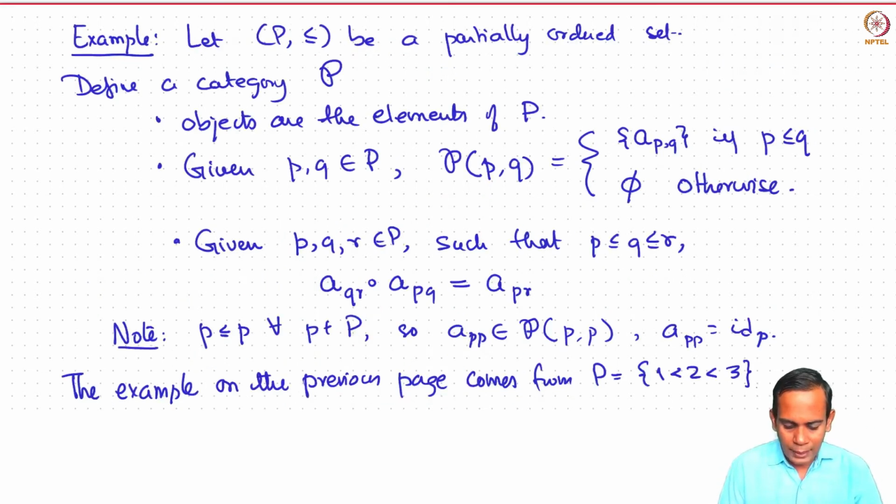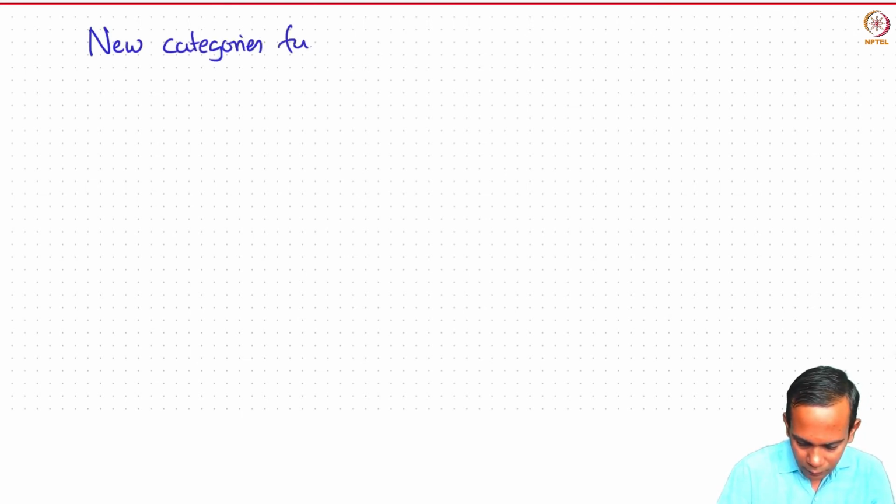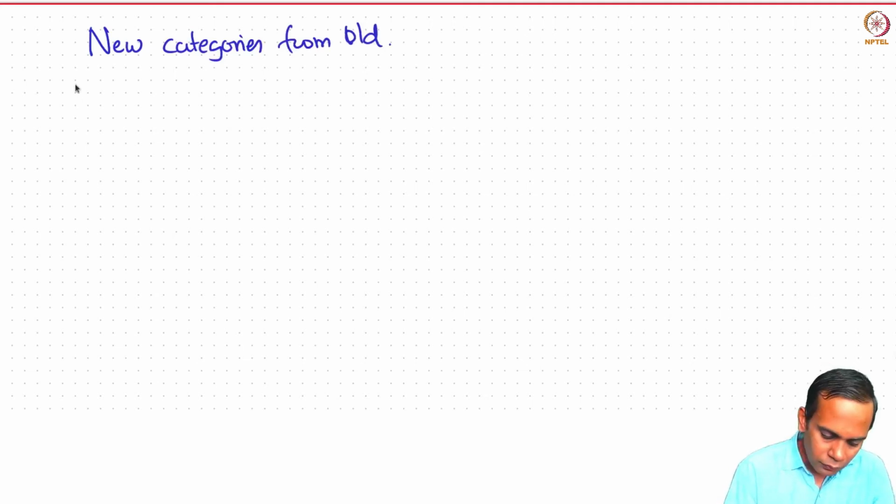The next few examples are really ways of constructing new categories from old ones. So the first is the opposite or dual category.